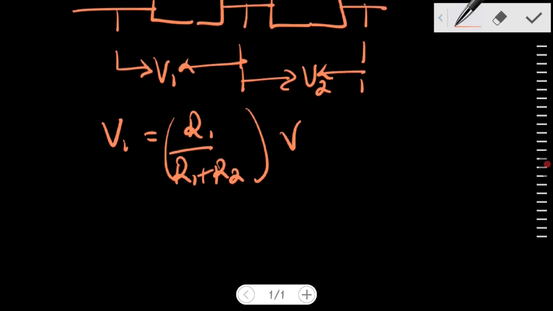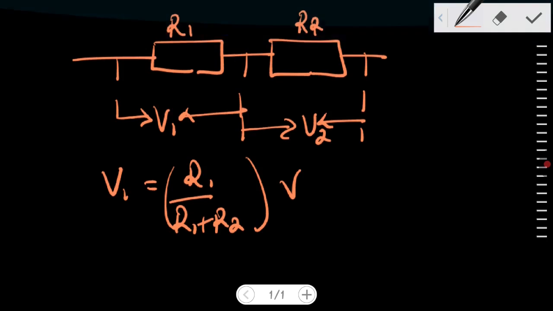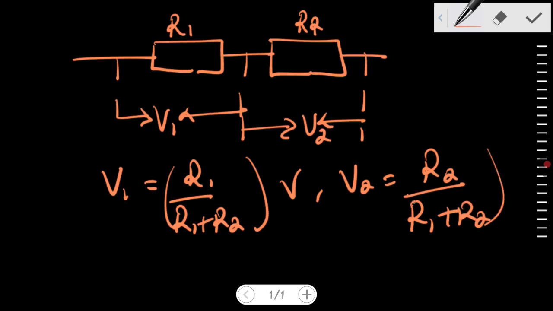And also, to get that of R2, V2 equals R2 all over R1 plus R2, multiplied by V.